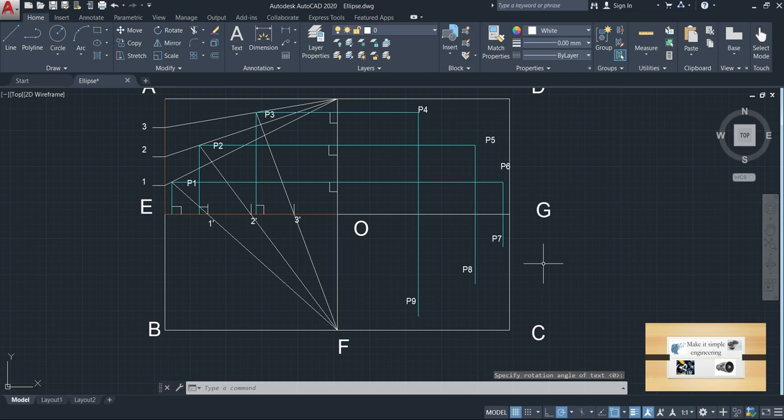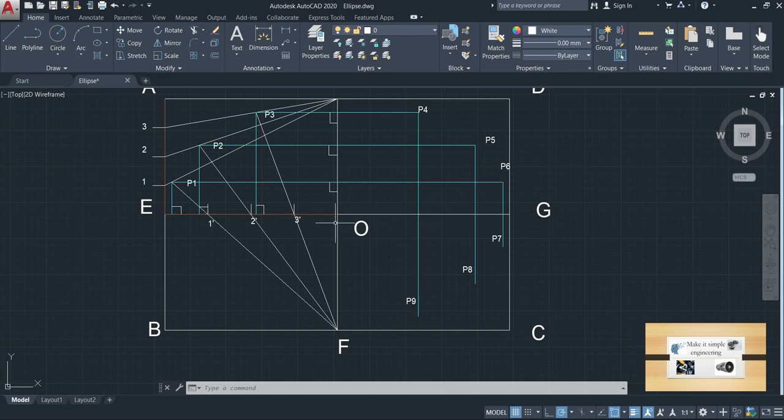After that you will get points like P7, P8 and P9. So you can say the line OG will be bisecting the lines P6 P7, P5 P8 and P4 P9.